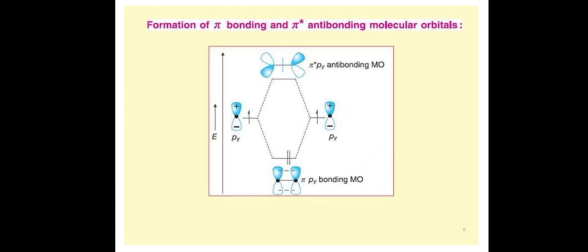Going to the antibonding molecular orbital, it is formed by combining atomic orbitals with opposite signs or opposite wave functions, resulting in a new molecular orbital through the destructive or subtraction process.